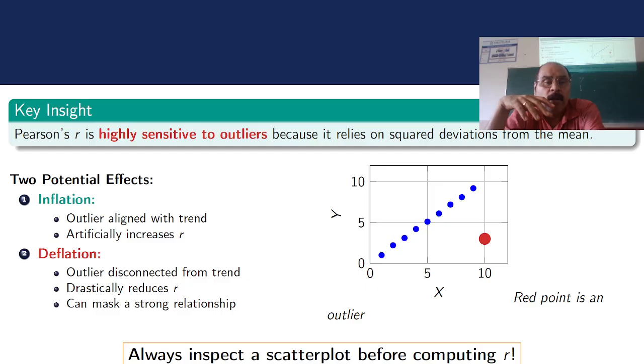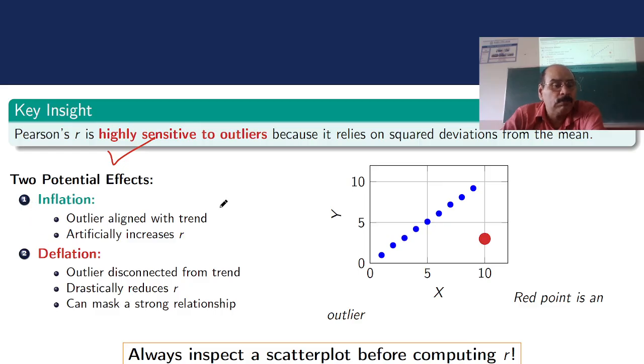So one of the major drawbacks that we find when we work with Pearson's correlation coefficient is that it is highly sensitive to outliers. Okay, you can check it out with the data that is provided, or you can create a sample data with an outlier and you can see the difference with and without outliers.